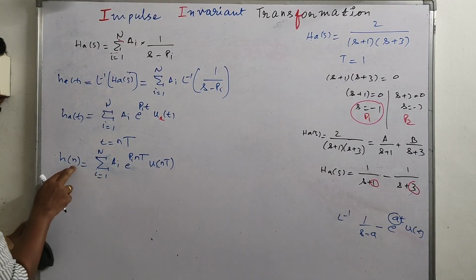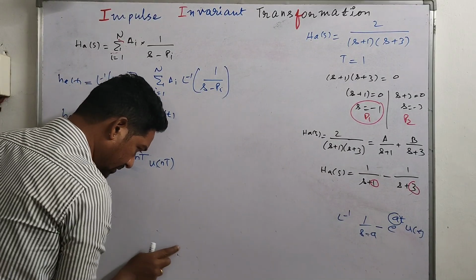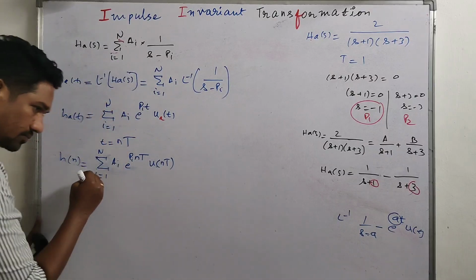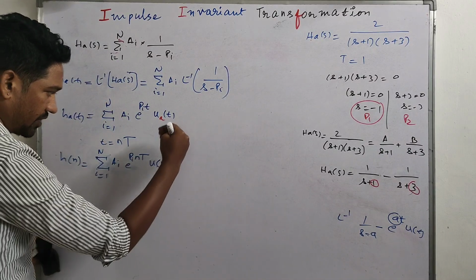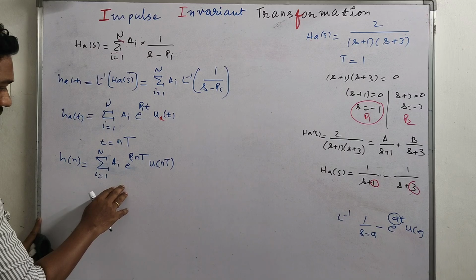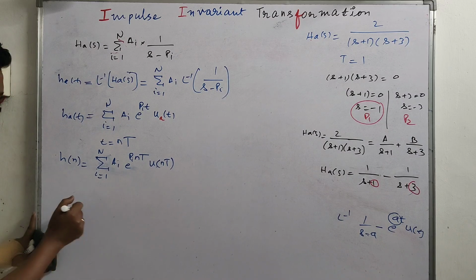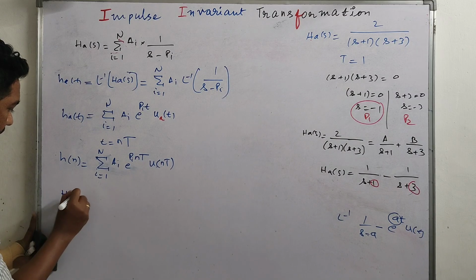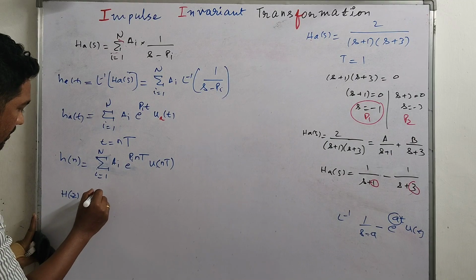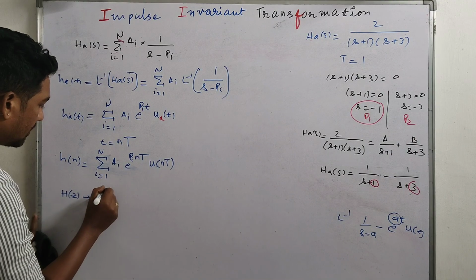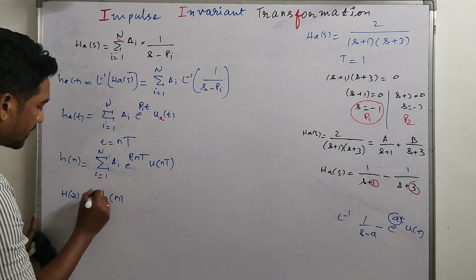And we have the impulse response of the digital filter, and how do we obtain the transfer function of the digital filter? H(z) is obtained by subjecting h(n) to the z transform.